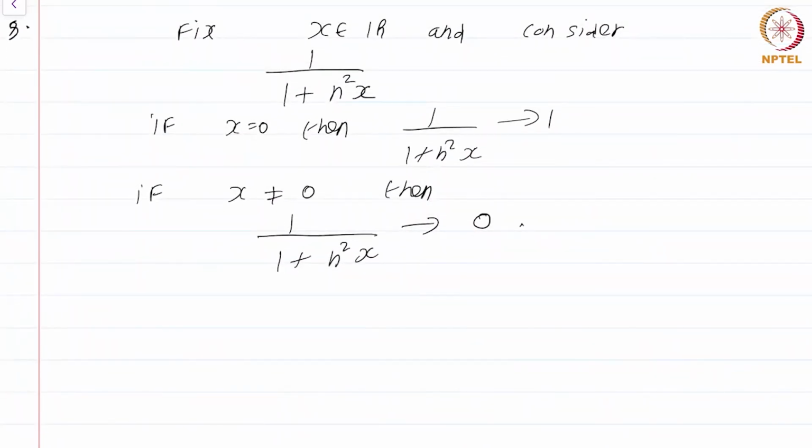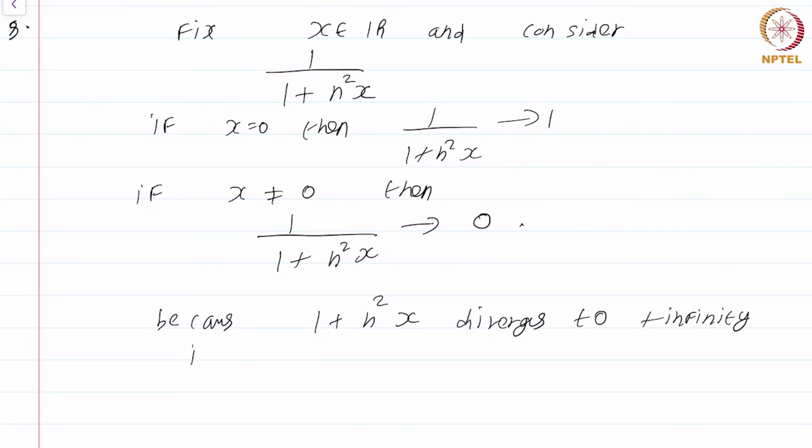Why is this the case? Well, because 1 plus n squared x diverges to plus infinity if x is greater than 0. And, well, I have not formally defined what diverges to minus infinity is, but let me just loosely use this: it diverges to minus infinity if x is less than 0.